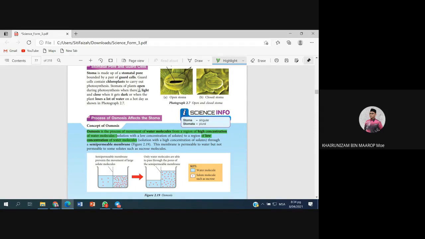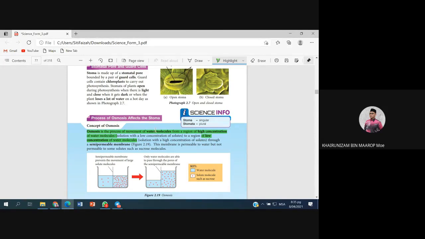So glucose itu yang akan merubah kepekatan cecair di dalam sel. Sebab itu sel itu akan terbuka. Stoma itu terbuka kerana pergerakan daripada stomata.